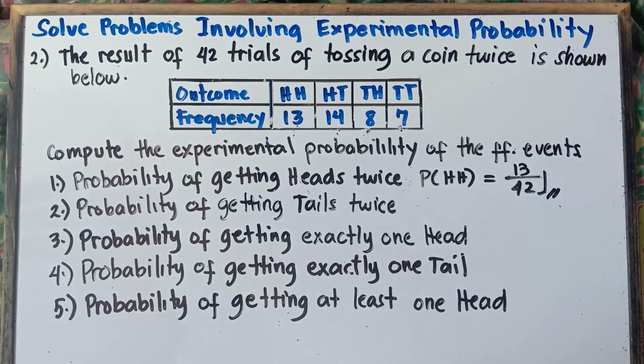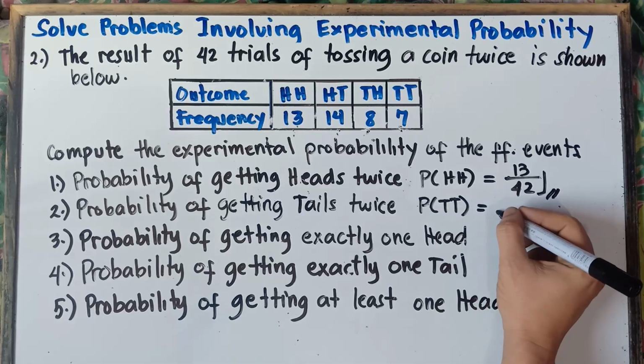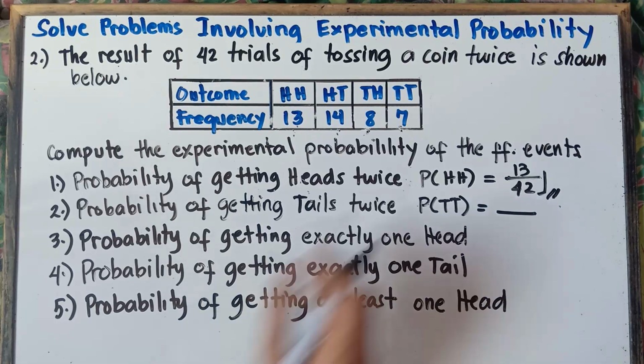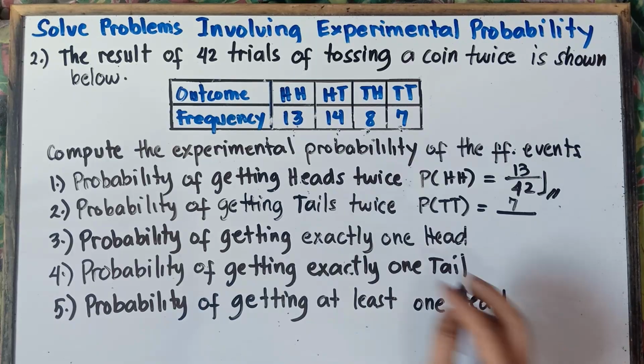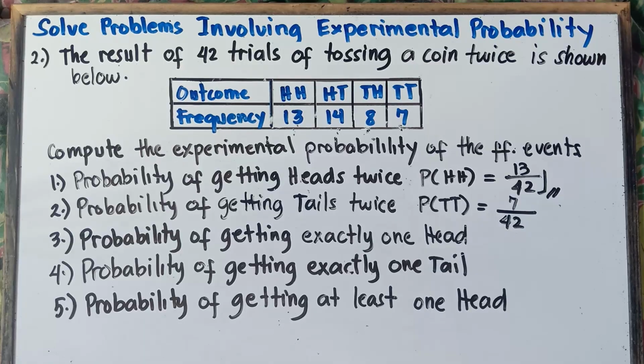Alright, so example number 2, probability of getting tails twice. The probability of getting 2 tails is equal to 7 over the total number of trials, that would be 42. Can we reduce, class, 7 over 42?